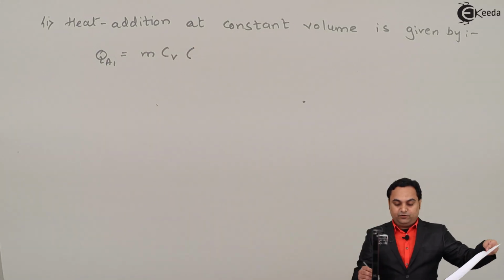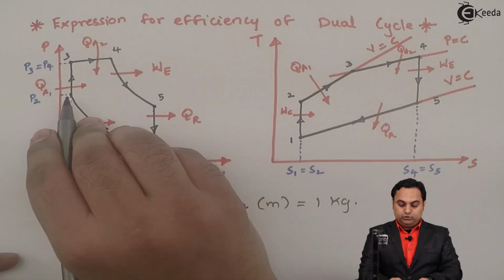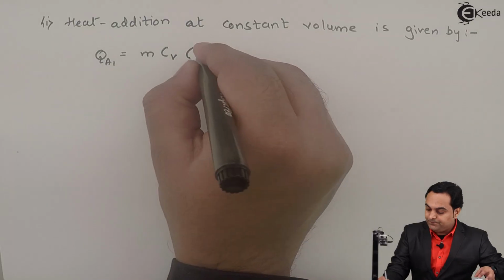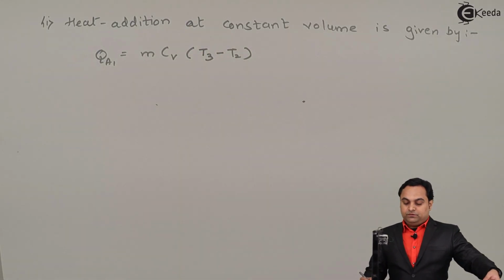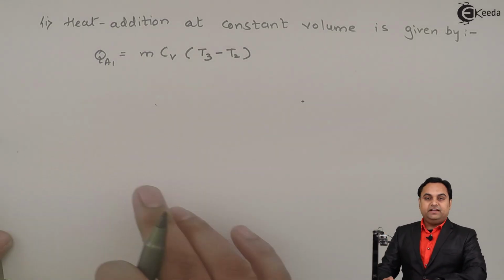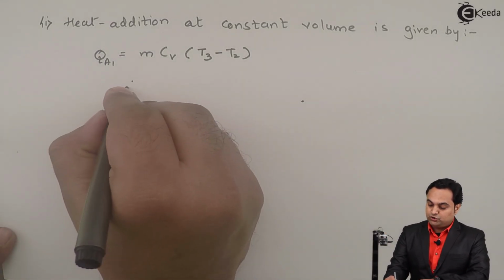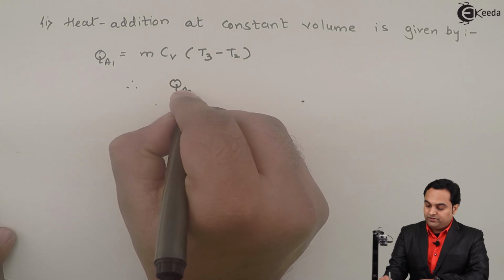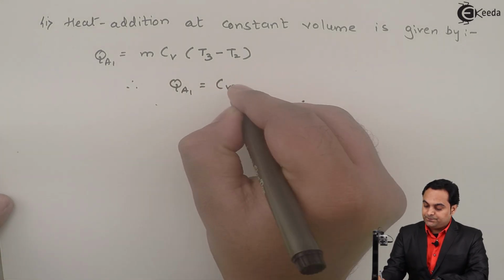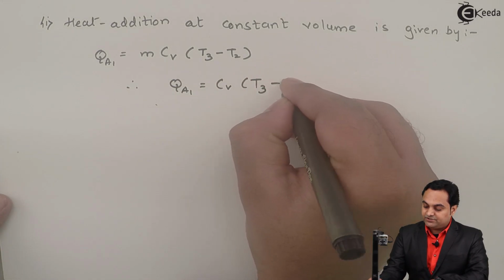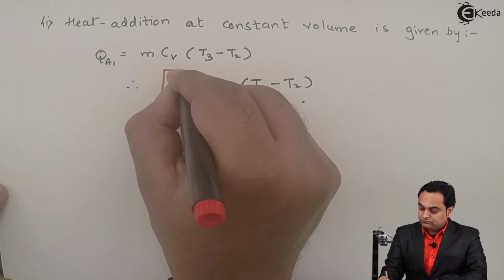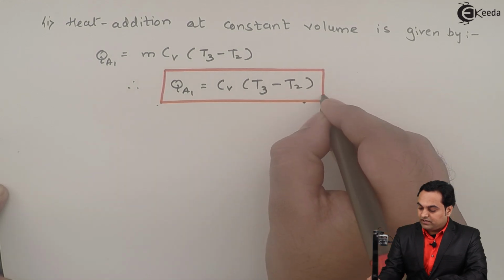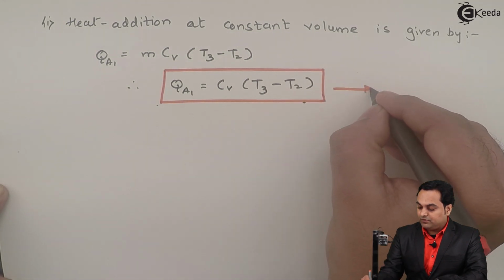It is added from point 2 to 3, so it will be T3 minus T2. Since I have taken the mass as 1 kg, QA1 will be equal to Cv into T3 minus T2. I will keep this as equation number 1.